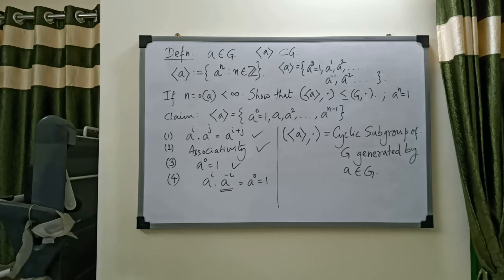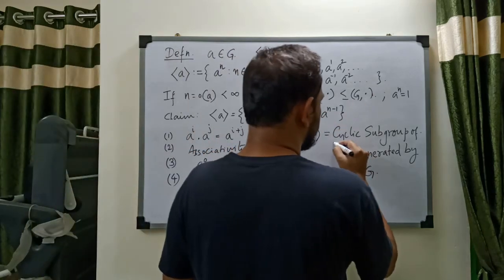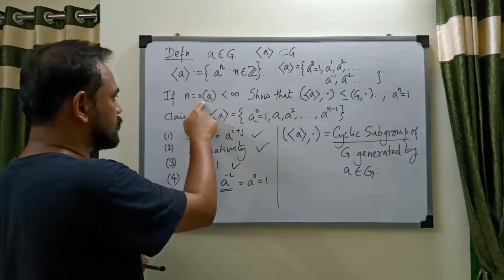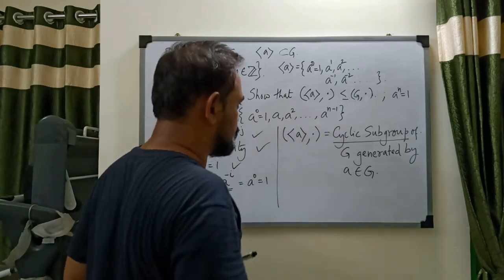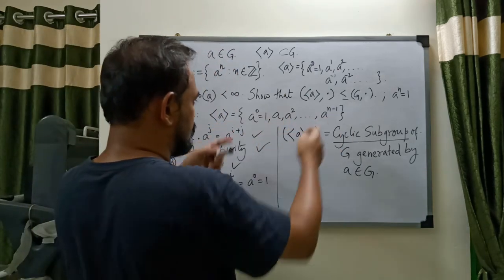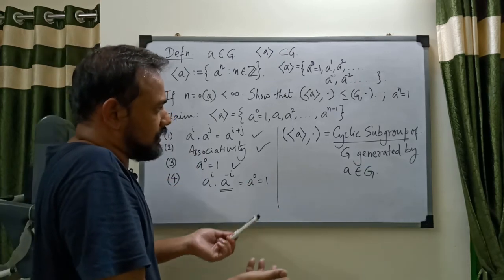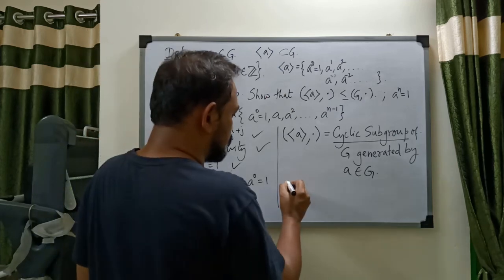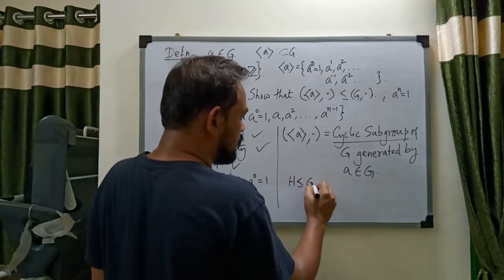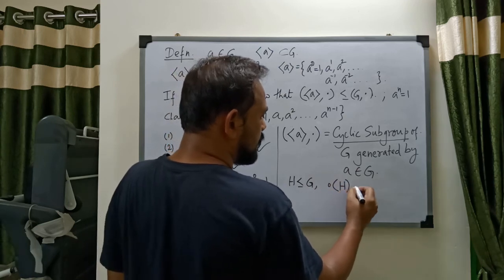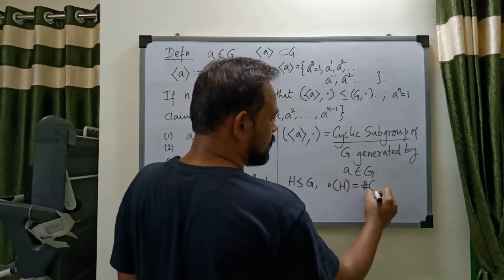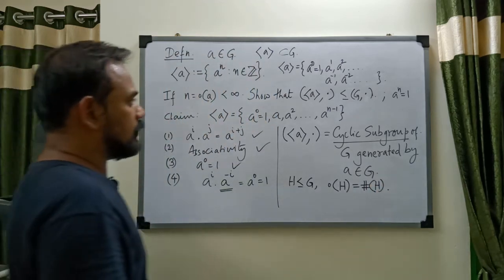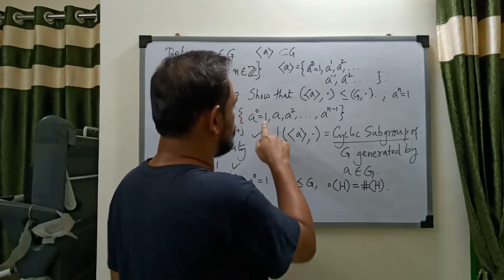That's the definition. Because it goes around in a cycle, and because the order of a is finite, the subgroup itself is finite. Let's define the order of a subgroup: if H is a subgroup of G, then the order of the subgroup is the number of elements in the subgroup.